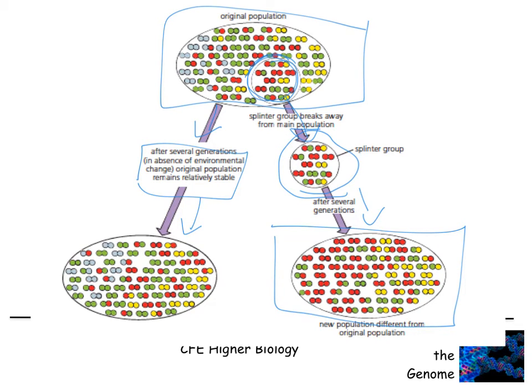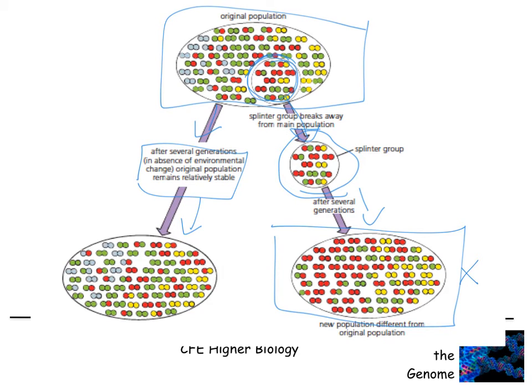So we see that after several generations, the genetic makeup of this new population is very different from the original population, and its members tend to become distinctive from the original population.